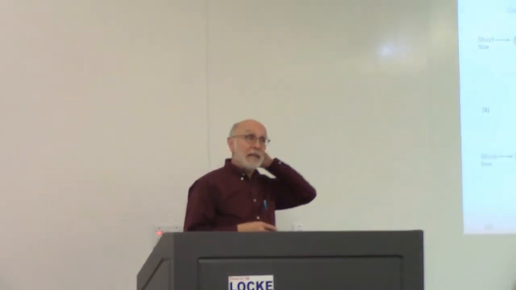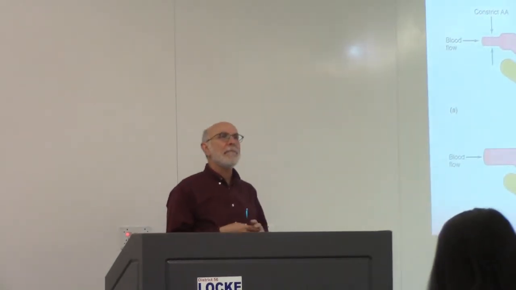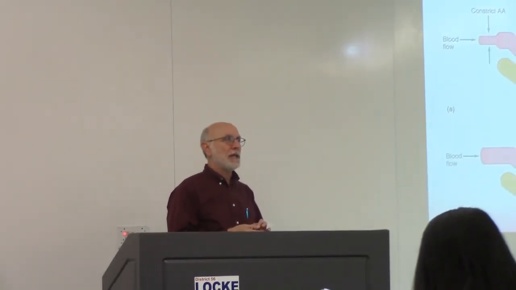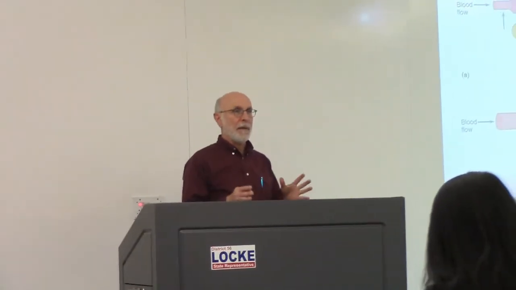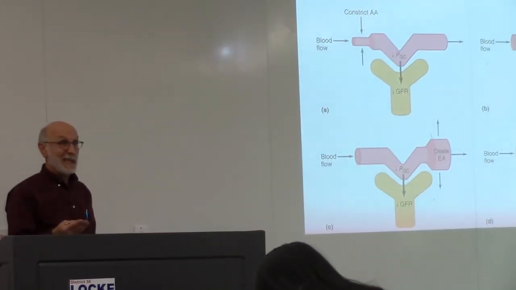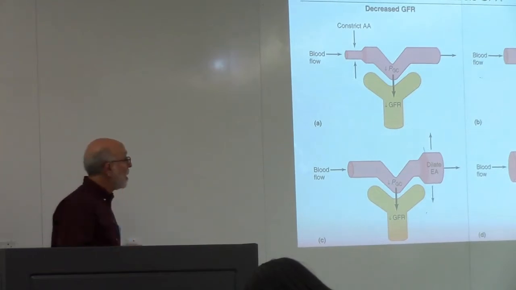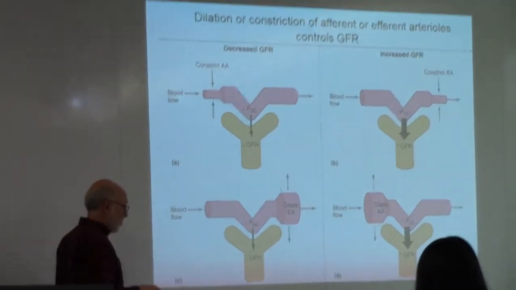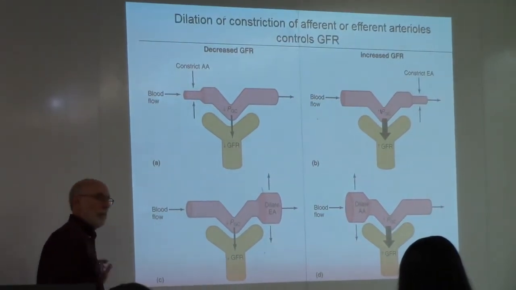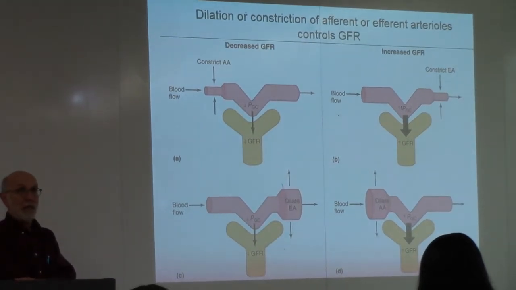Okay. So now, glomerular filtration can be controlled. We'll get to the mechanisms of glomerular filtration at the end of class if there's time. But the key concept that you need to know for the quiz is that glomerular filtration is controlled by the constriction of the afferent and efferent arteriole.